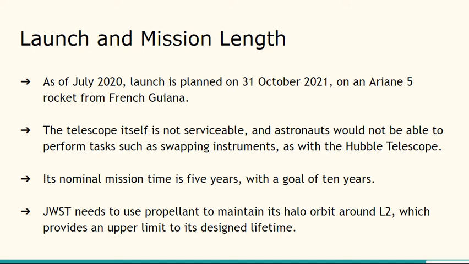The telescope is not serviceable, and astronauts would not be able to perform tasks such as swapping instruments as happened with the Hubble telescope. I also discussed this. The planned mission time is about 5 years, with a goal of 10 years. JWST needs to use propellant to maintain its halo orbit around L2. I'll discuss what this L2 is, which provides an upper limit to its designated lifetime.